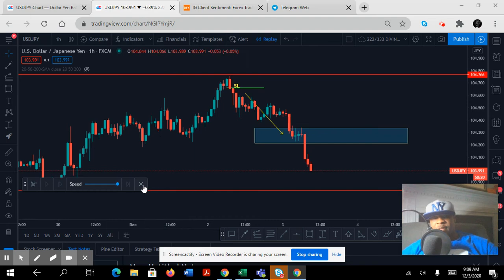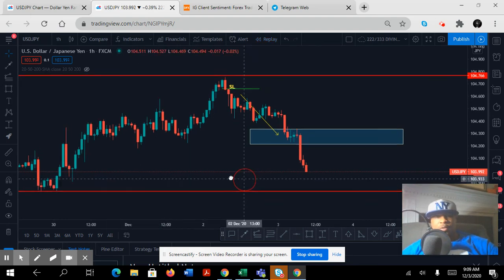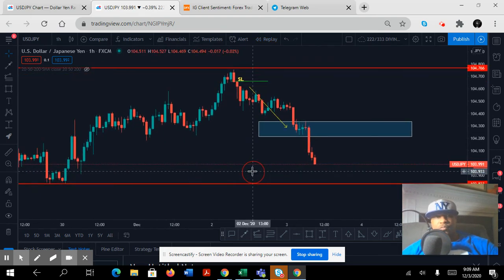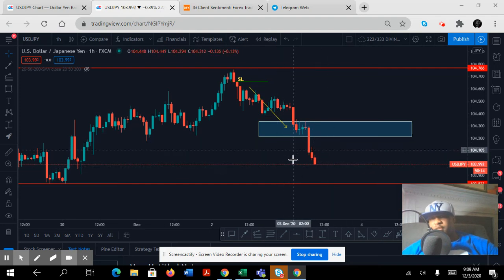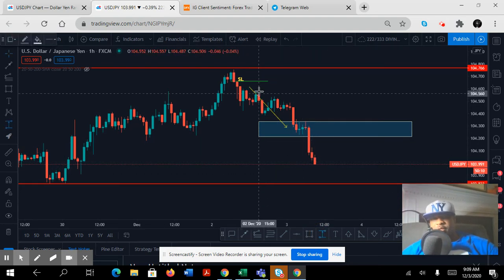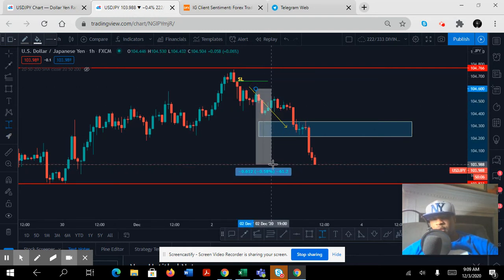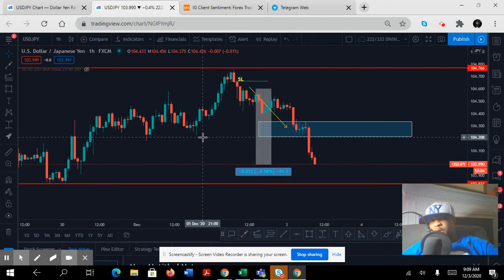So there's something in my trading plan that needs to be adjusted to take advantage of these moves, because clearly, from here all the way here, I mean, that's 61 pips. That's a lot of pips I left on the table.